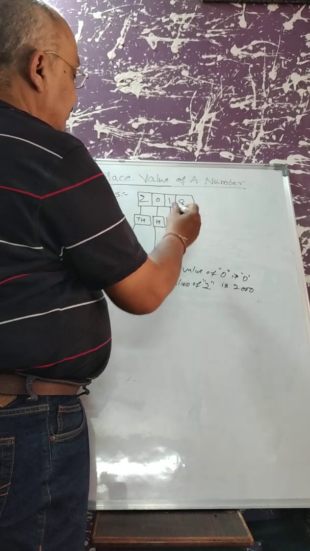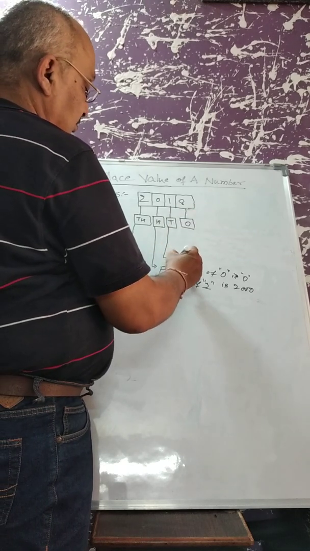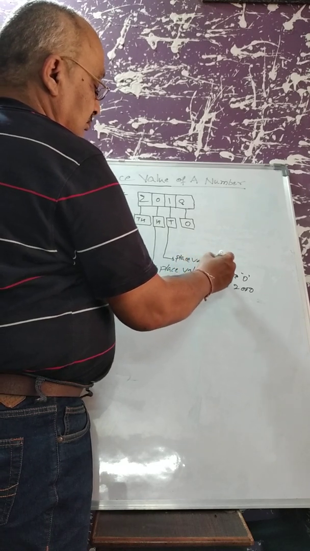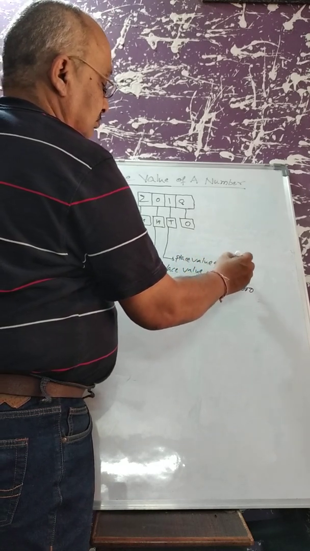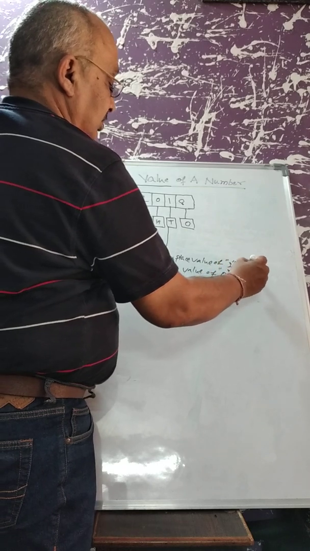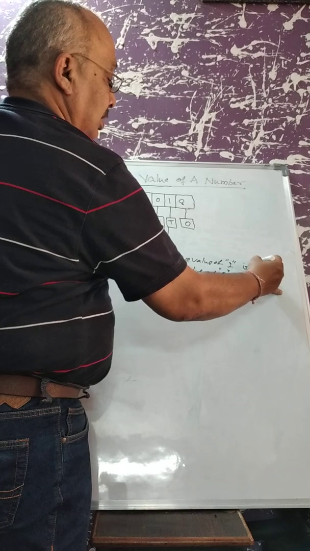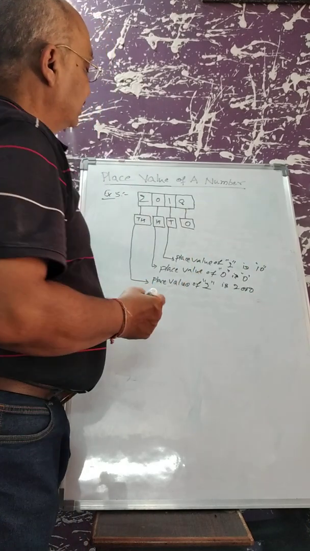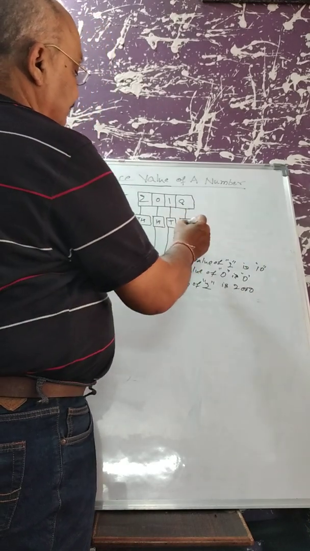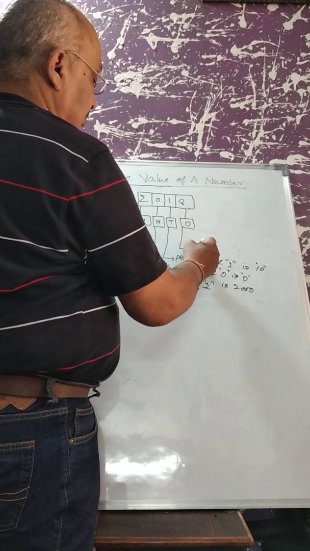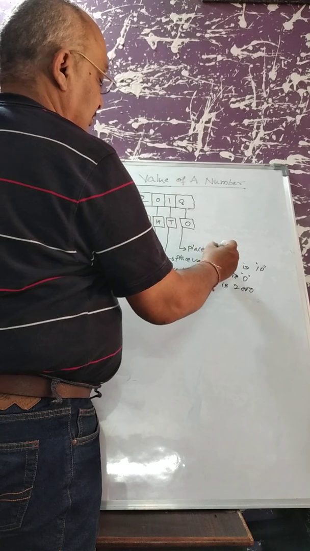Place value of 1 is 10, because 1 is at the place of tens. And place value of 8 is 8.